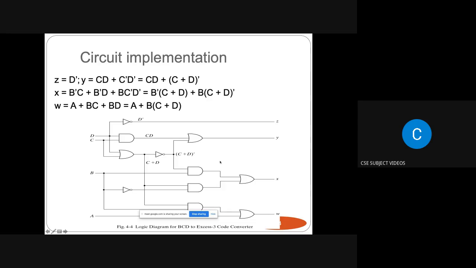If you are aware of that, you can simplify, or if you are struggling with that simplification, you can directly draw the circuit diagram, no problem. But whenever simplification is necessary, you have to make the simplification so that the complexity of the circuit diagram will be reduced.